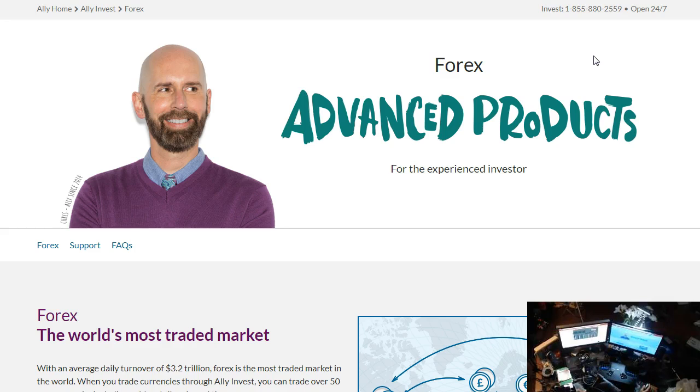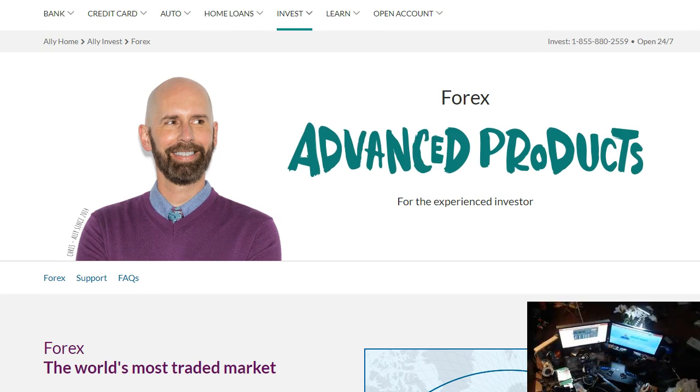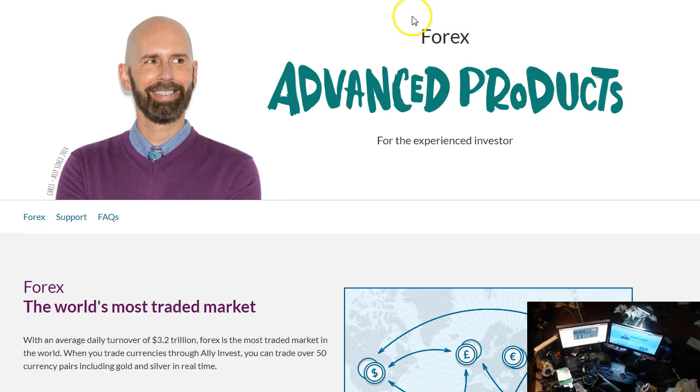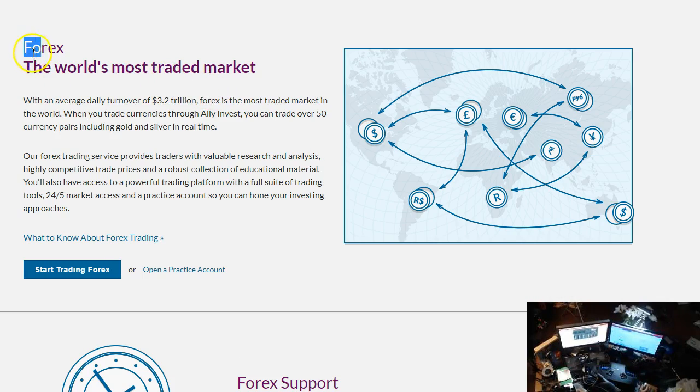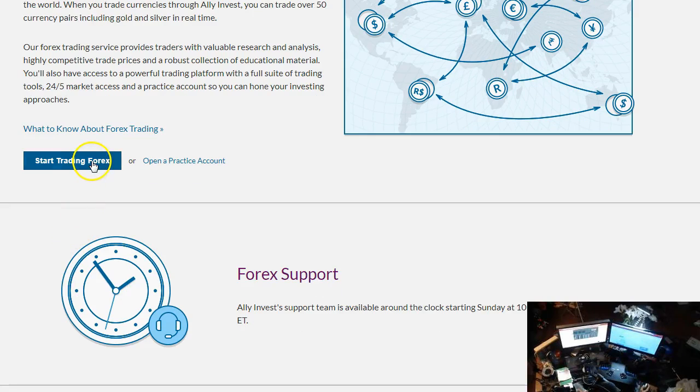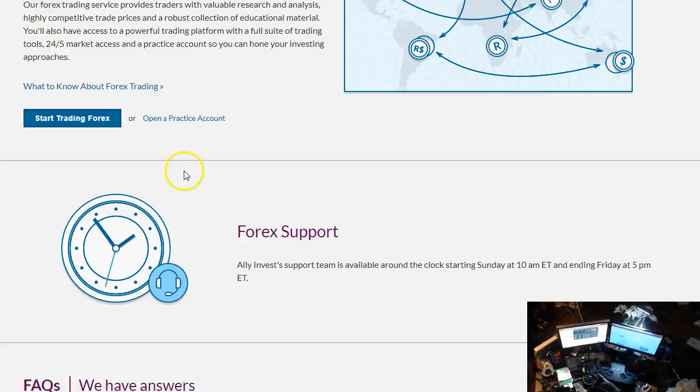So that takes us to Ally Home, Ally Invest Forex, which once again looks like a different website, and dominating the page is basically a commercial. Essentially this entire page is a commercial, some kind of graph, a thing where I can start trading Forex, open a practice account again, right?